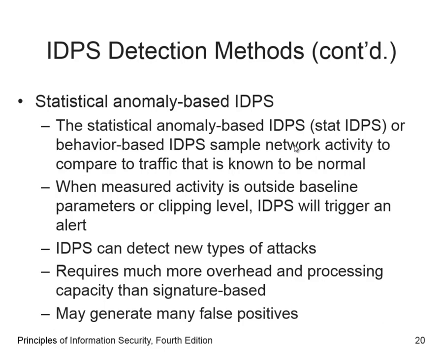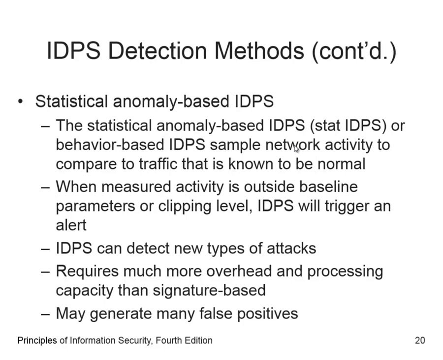The data that is measured from the normal traffic and used to prepare the baseline can include variables such as host memory or CPU usage, network packet types, and packet quantities. The advantage of the statistical anomaly-based approach is that the IDS can detect new types of attacks, for it is looking for abnormal activity of any type.